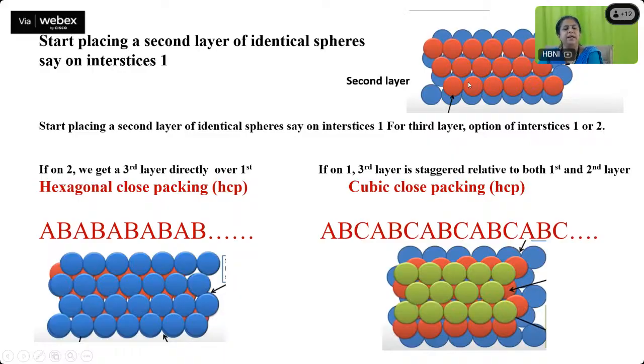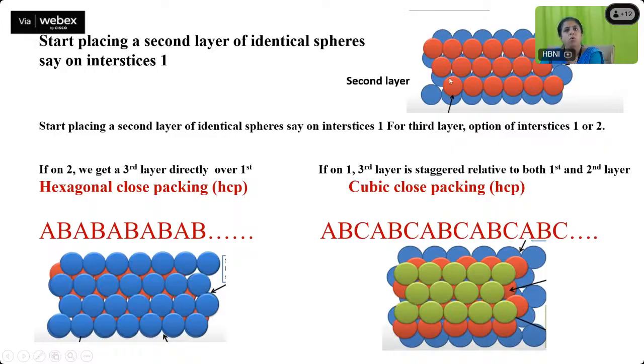So if you denote your first layer by A, second layer by B, third would be again A. So fourth would be again B. So what you get is an ABAB packing. This is a very famous term, but in technical terms, this is called hexagonal close packing or HCP.